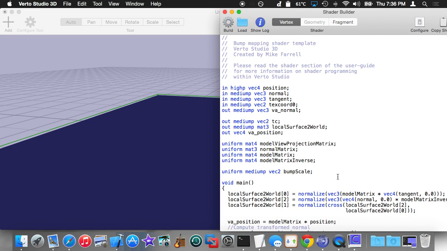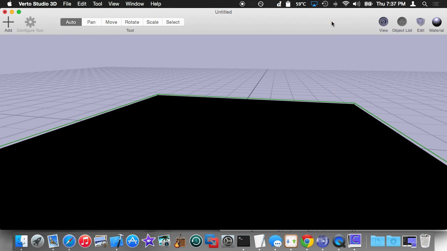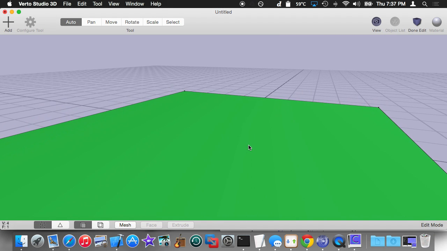Namely, we provide the tangent alongside the normal so that we can build our surface local coordinate system out of the normal and the tangent, and then the binormal, which is made from the cross product of the normal and the tangent. It's not directly provided because it's actually faster and easier to compute it than to provide it and waste GPU memory doing this for every single vertex. Basically, this provides a surface local coordinate system that can be used to operate within the surface.